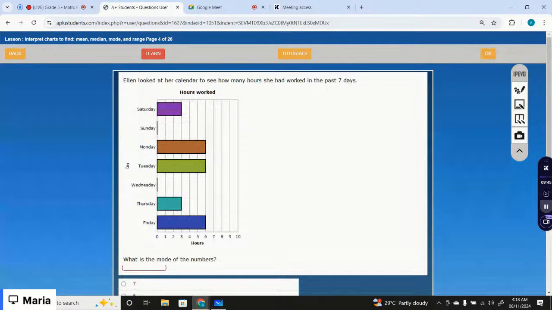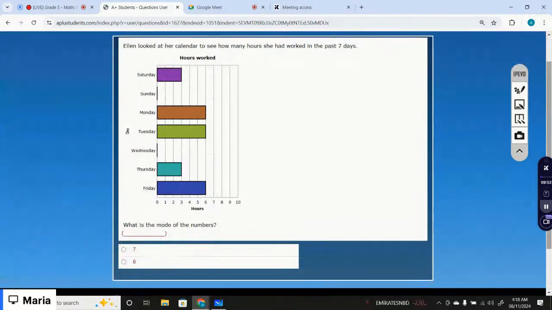Alan looked at her calendar to see how many hours she had worked in the past 7 days. What is the mode of the numbers?